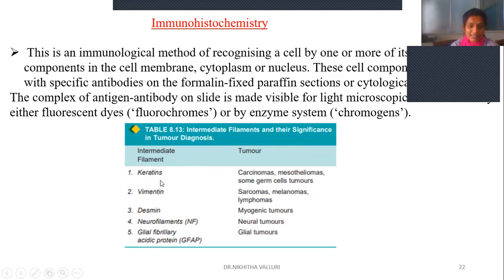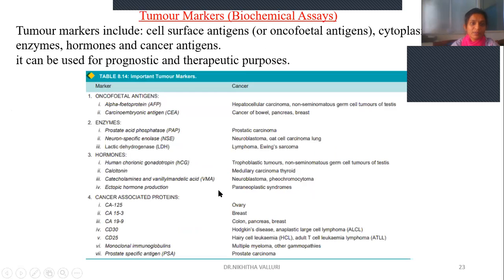Intermediate filaments like keratins, if found, indicate carcinoma, mesothelioma, or some germ cell tumors. Vimentin indicates sarcomas, desmin myogenic tumors, neurofilaments neural tumors, and glial fibrillary acidic protein glial tumors. This is how we detect with immunohistochemistry.